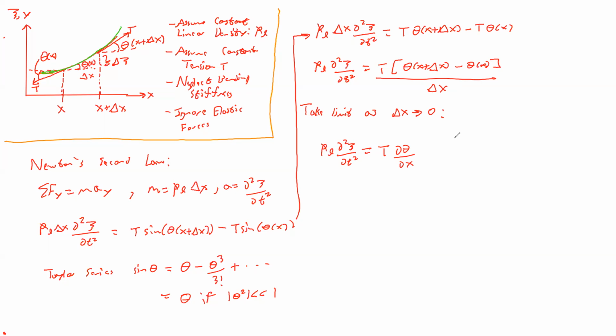Okay, that's good and all. That is a perfectly valid equation. However, we like to formulate our wave equations in terms of the wave variable. And theta, in this case, is not a wave variable.